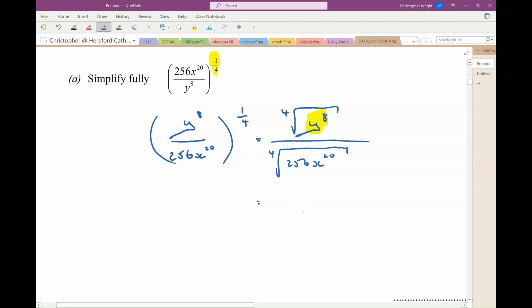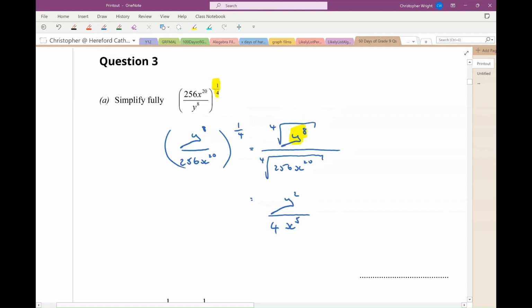Well, that's going to be y squared. You divide the power by 4, don't you? Now here I've got the fourth root of 256. What times what times what times what is 256? Answer 4. And then what times what times what times what is x to the power of 20? We'll divide the power by 4, x to the power of 5. So that is part A.